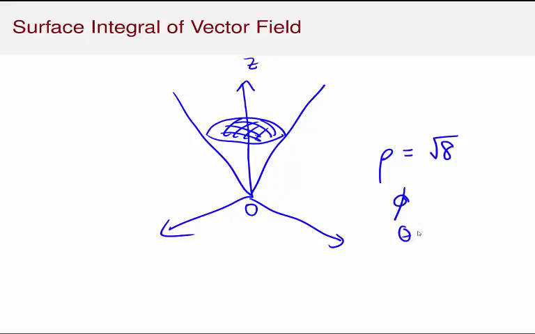Now recall that the angle theta is the polar angle made by the ray coming out from the origin on the xy plane with the positive x-axis. Since in our case we are going one round about the z-axis, the range for theta is between 0 and 2 pi. So the parameter will take on the interval from 0 to 2 pi.